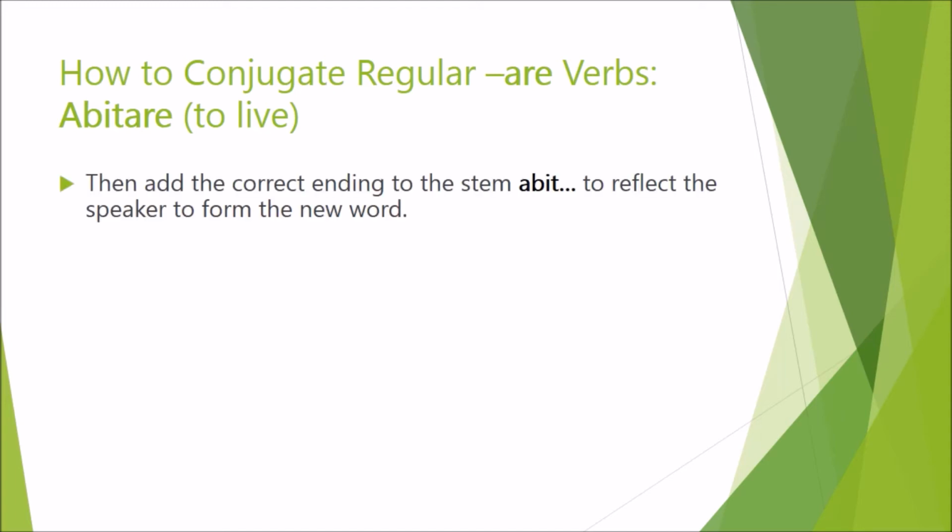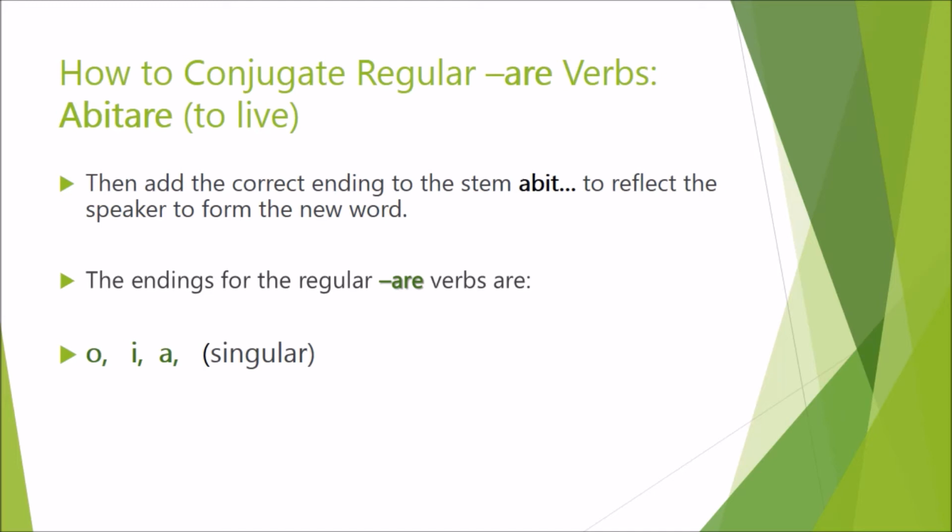Then add the correct ending to the stem to reflect the speaker to form the new word. The endings for the regular -are verbs are o, i, a, singular, iamo, ate, ano, plural.